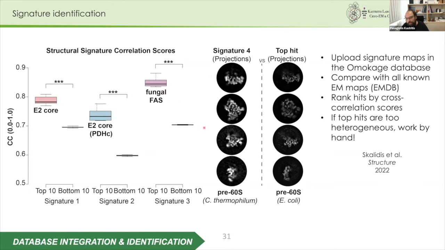But in the case of the asymmetric reconstruction, this tool failed, and we had to go back and look at the hits that it retrieved, and by back projecting the structure to see with the back projections which molecule this could be, we finally saw that it was the immature 60S eukaryotic ribosome, and on the right you can see the projections from the pre-60S of the bacterial counterpart.